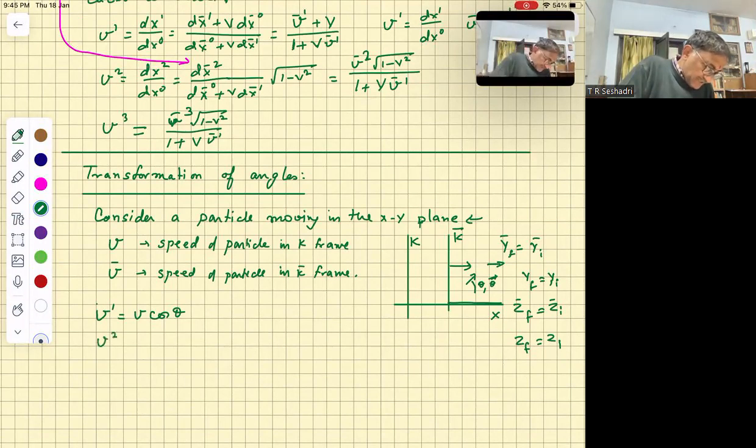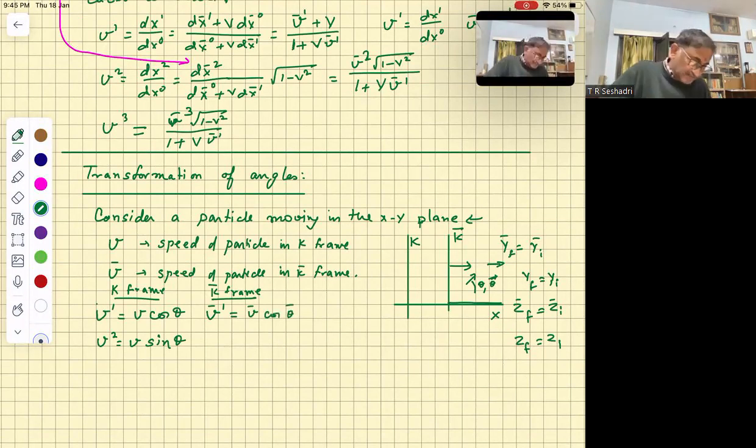Similarly, v2 is equal to v sin theta in the K frame. In the K bar frame, I have similarly v1 bar equal to v bar cos theta bar, because the speed will be different, and it is some other angle. And v2 bar is equal to v bar sin theta bar.